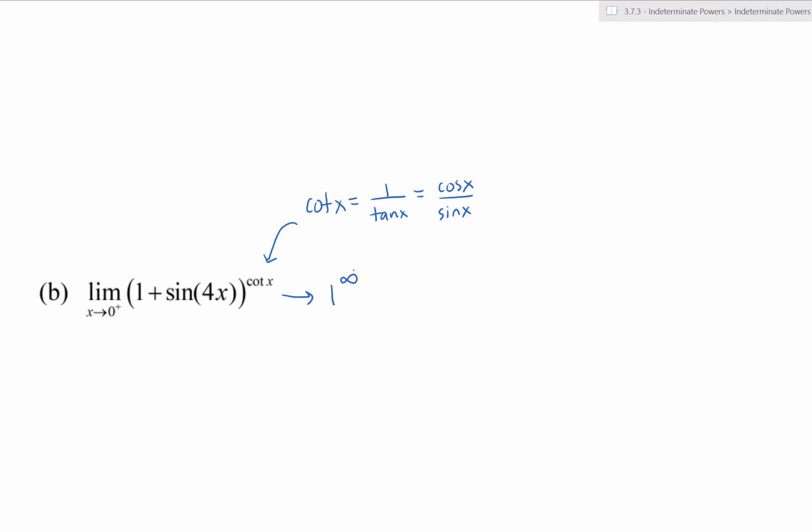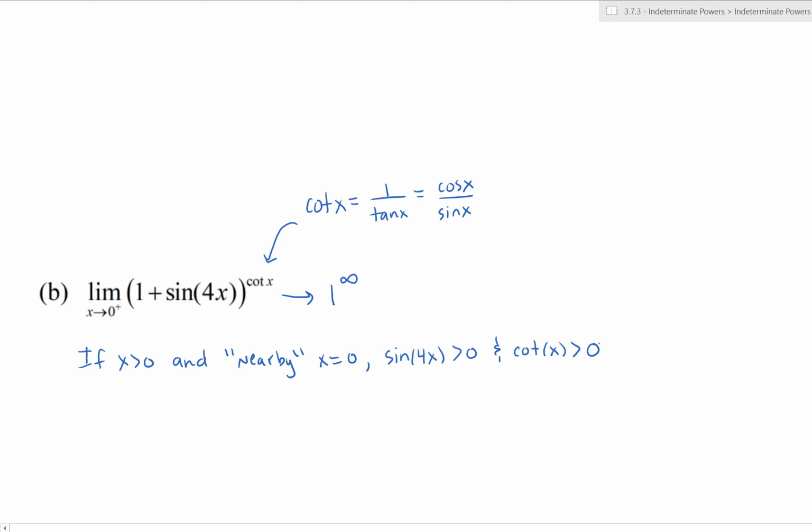So again, when we are close by to 0 on the right, if x is positive and, quote unquote, nearby x is equal to 0, then what happens? Well, sine of 4x is going to be clearly positive, and moreover, the cotangent of x is also going to be positive.